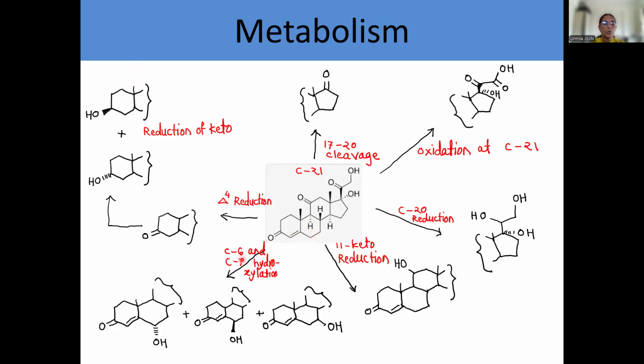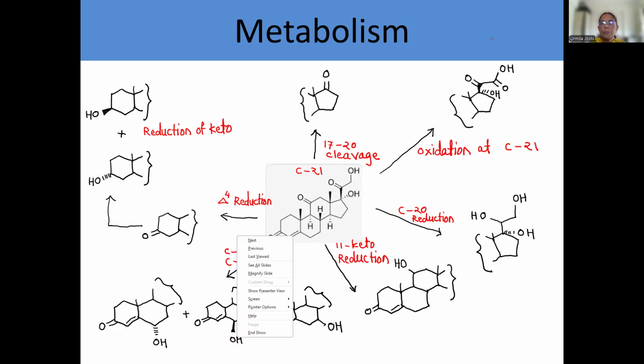Now, hydroxylation is also known, and this hydroxylation typically occurs at position 6 and position 7. So, if it occurs at position 6, you get 6 alpha hydroxy steroid or 6 beta hydroxy steroid.